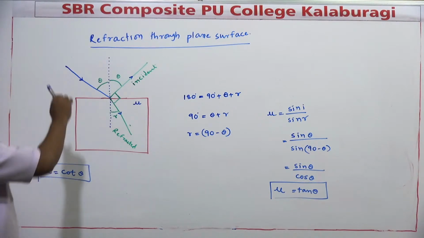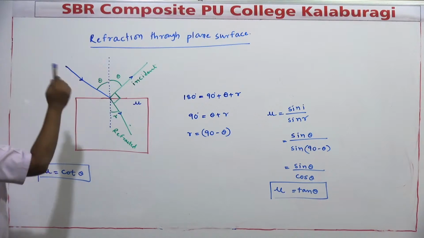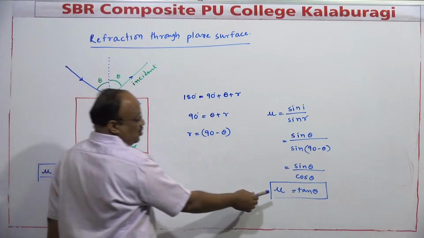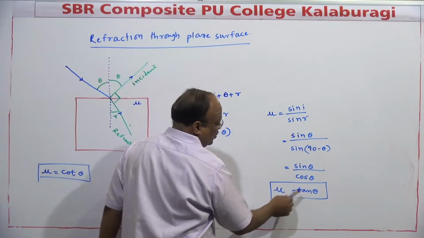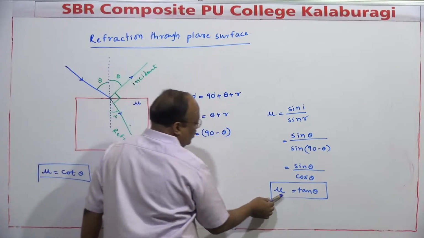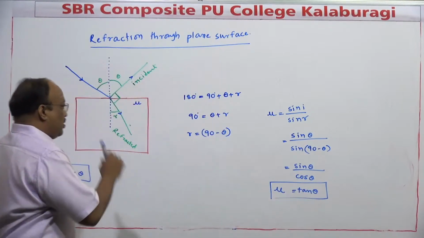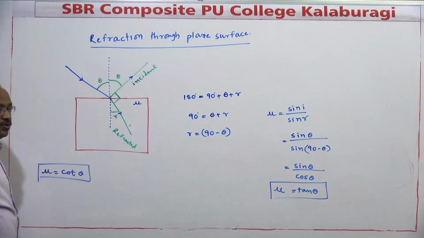If it is going from vacuum to medium, mu is equal to tan theta. Medium to vacuum, mu is equal to cot theta.